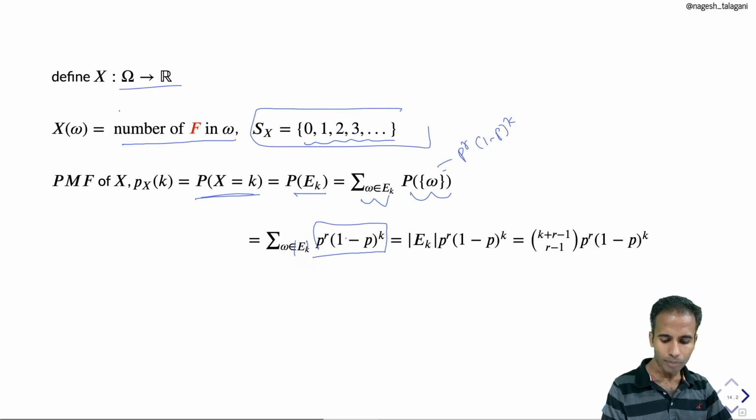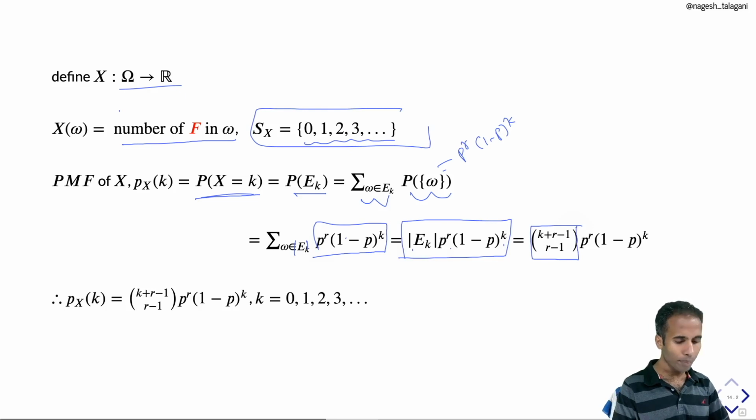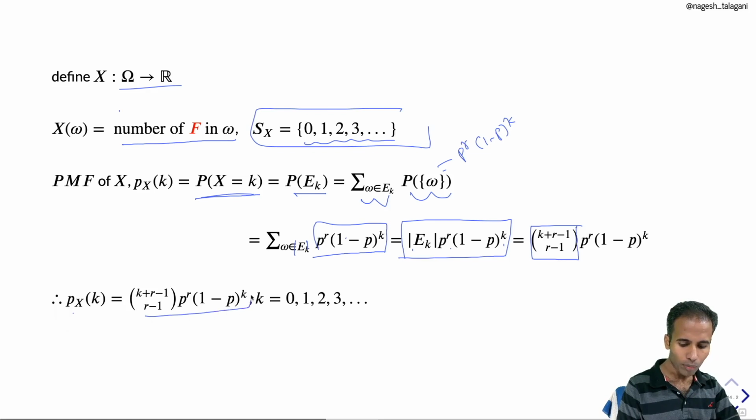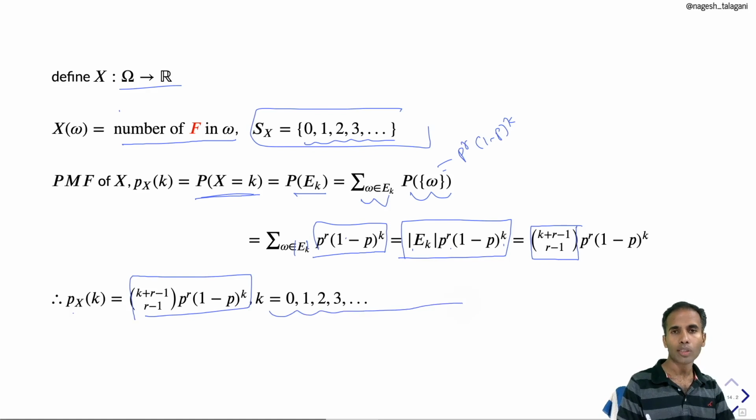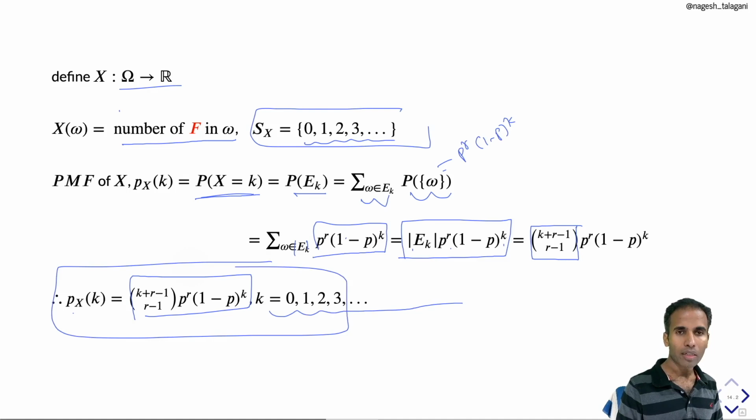So this is equal to the number of elements in Ek times p power r times 1 minus p power k, and we already realized that the number of elements in Ek is k plus r minus 1 choose r minus 1. So therefore the PMF P_X of k is what? k plus r minus 1 choose r minus 1, p power r, 1 minus p power k, for k equal to 0, 1, 2, 3, and so on. Okay, this is the PMF of the random variable X.